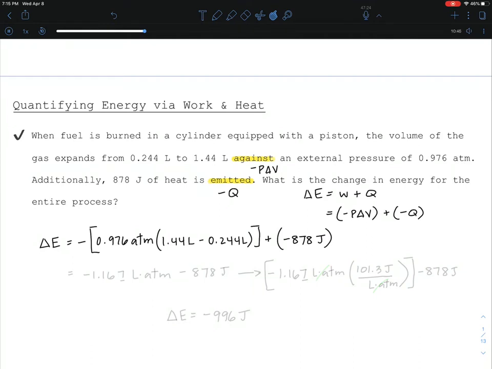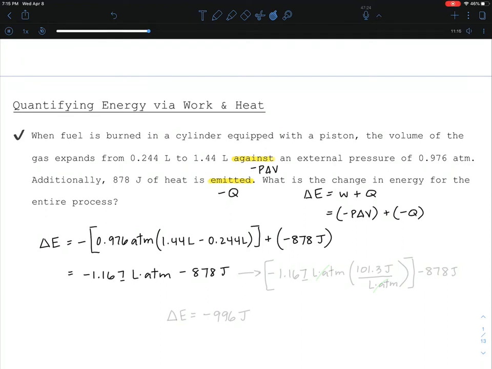So let's put this together. We get essentially negative 1.16, and I'm going to carry an extra sig fig here, and this will be liter atmospheres, minus 878 joules. But we have mixed units. Do you see that? Liter atmospheres and joules, not working out.